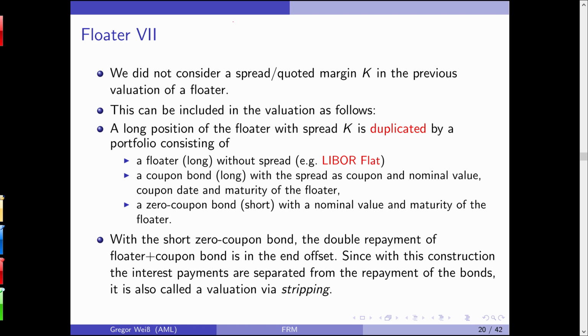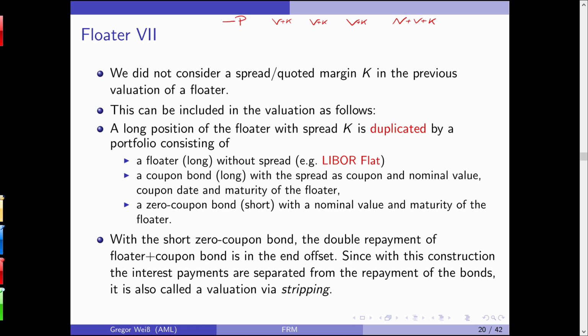So you would have to pay minus P, you would get variable, variable, variable, and notional. Now let's include, and it's quite clear how you can construct this.